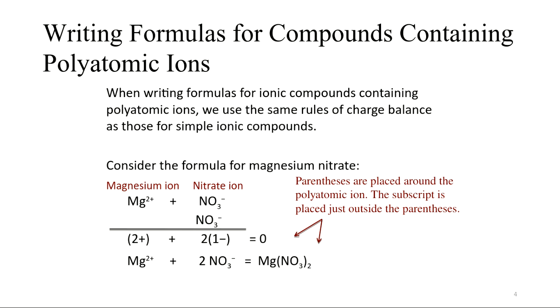Let's go to the next step. We want to learn how to write the formula for compounds containing polyatomic ions. We are going to use the rule that we used before when we were learning how to write simple ionic compounds.